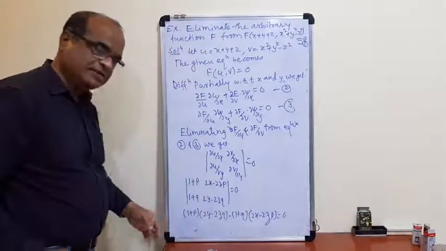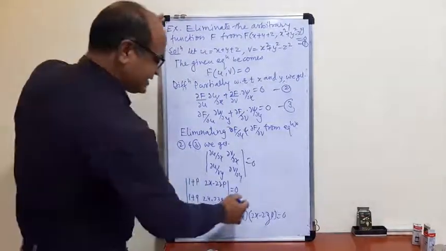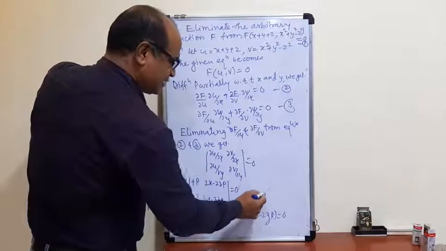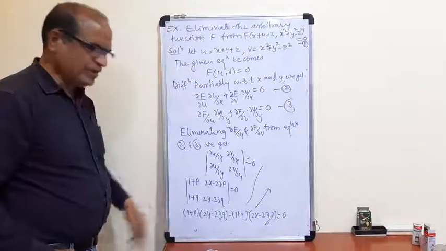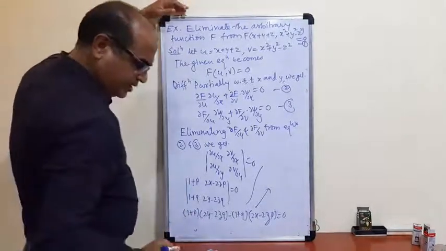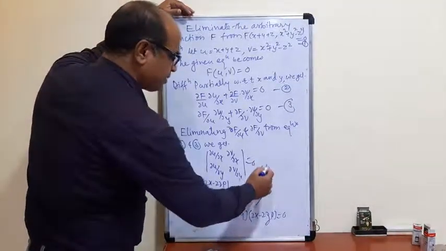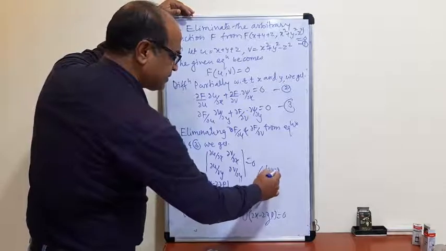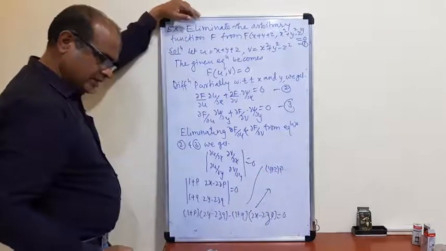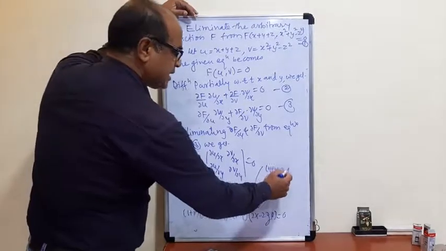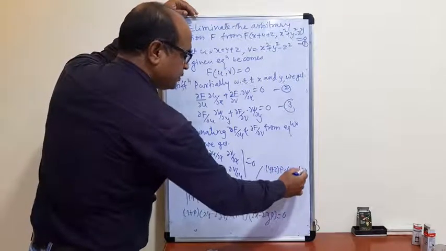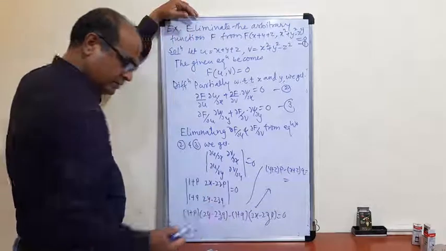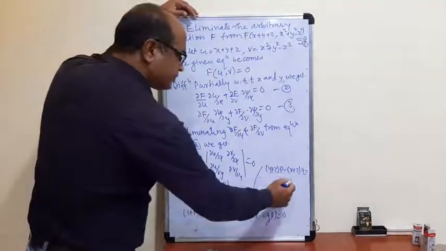Okay. This is the partial differential equation. So we simplify this equation. So we get y plus z into p minus x plus z into q is equal to x minus y.